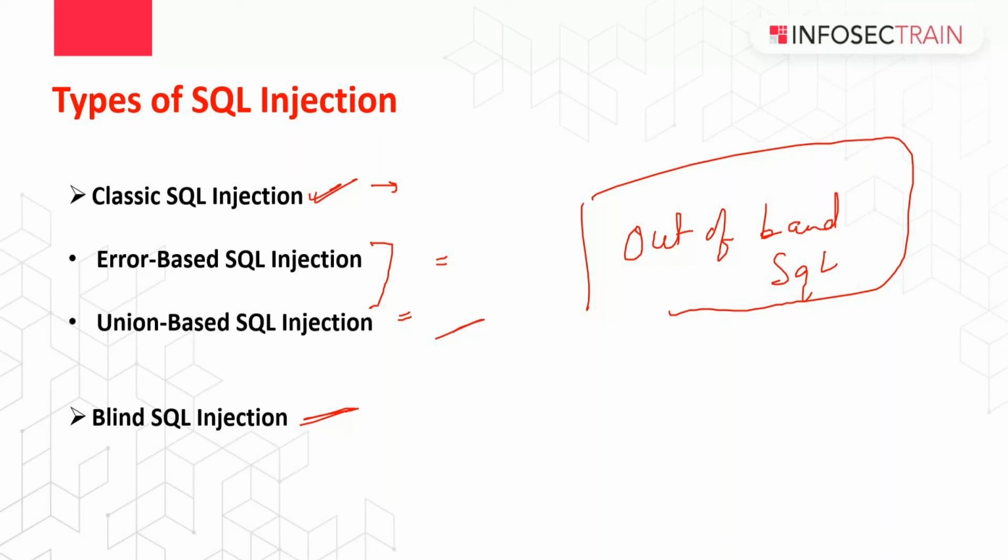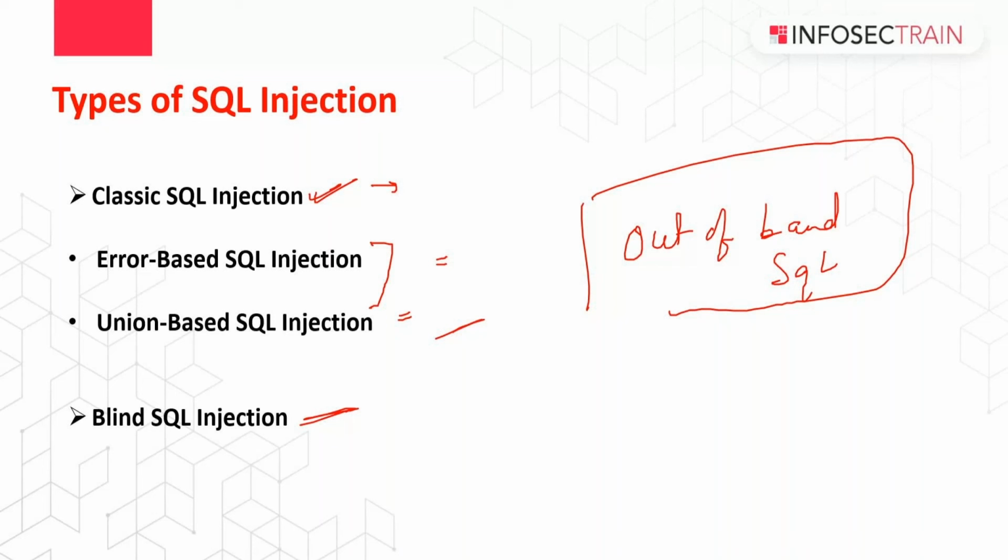So when I analyze that log, I can know what vulnerabilities are there. So that is out of band SQL injection. These are the types of SQL injections we have.